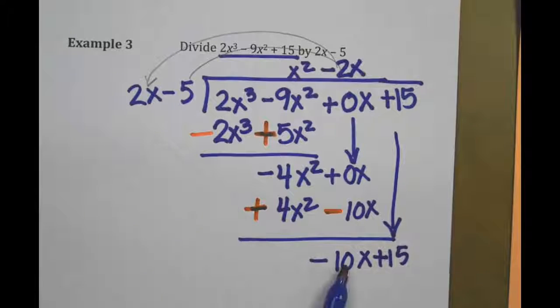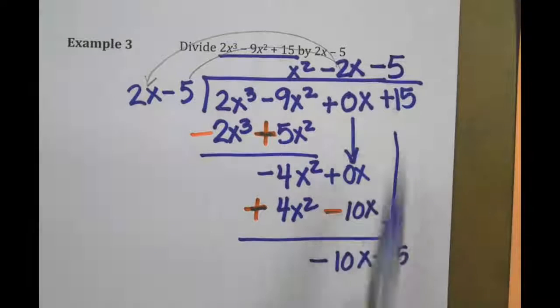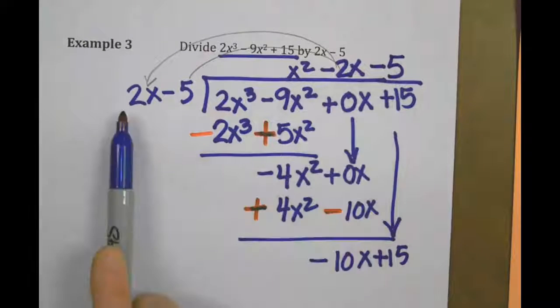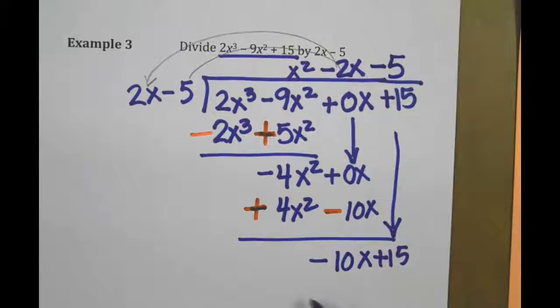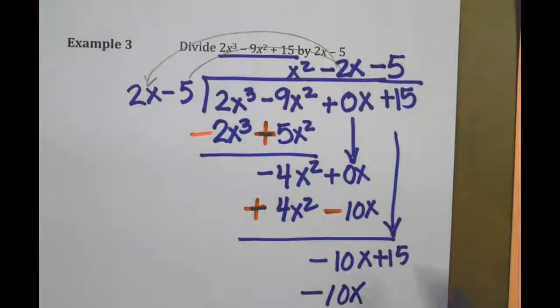I need the 2 to go into negative 10. So I'm going to need to multiply by negative 5, because negative 5 times 2 would make negative 10x. Negative 5 times negative 5 makes a positive 25.